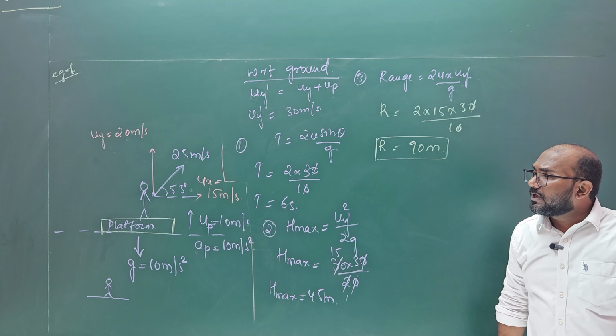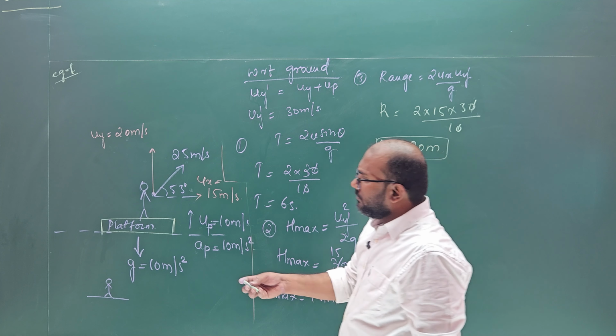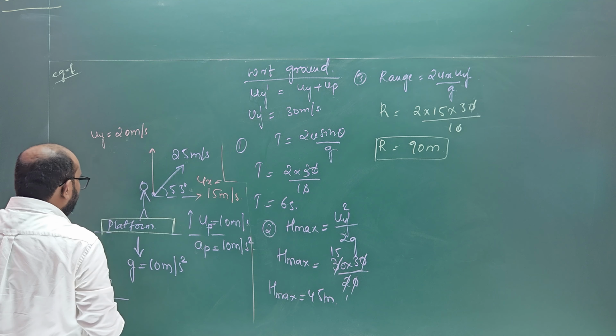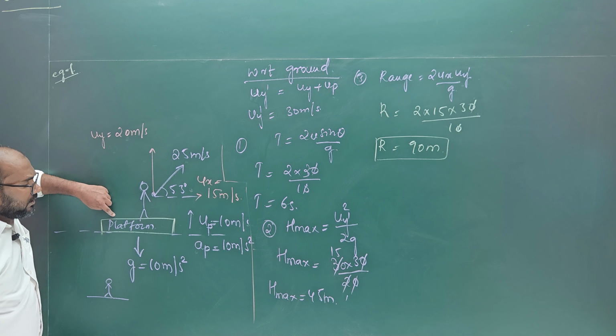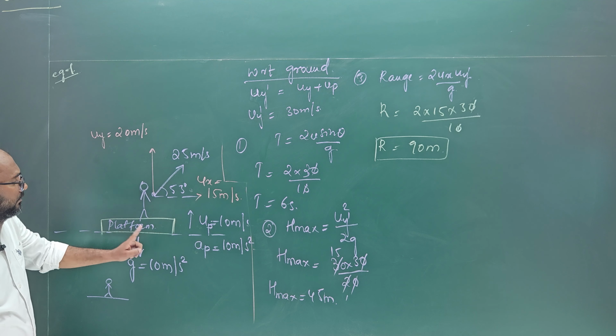These are the values which have been derived for ground to ground projection. Now, how to frame this question? A platform on the ground is moving with a velocity of 10 meters per second and accelerating at 10 meters per square second in the upward direction.